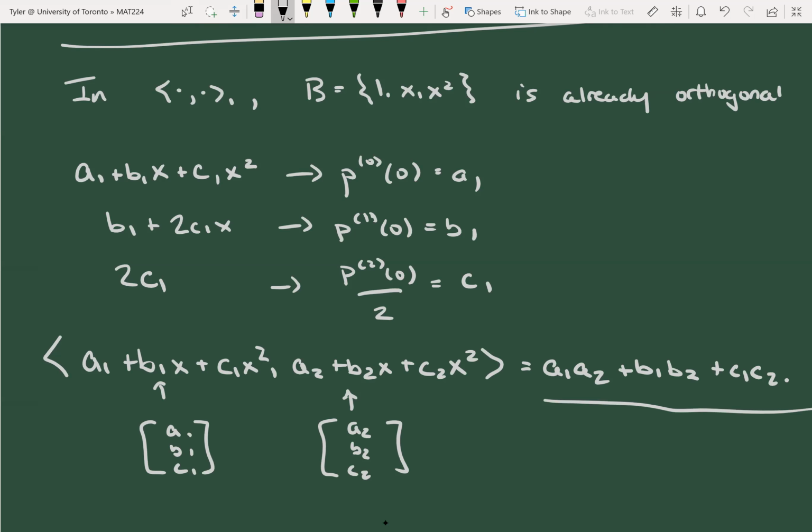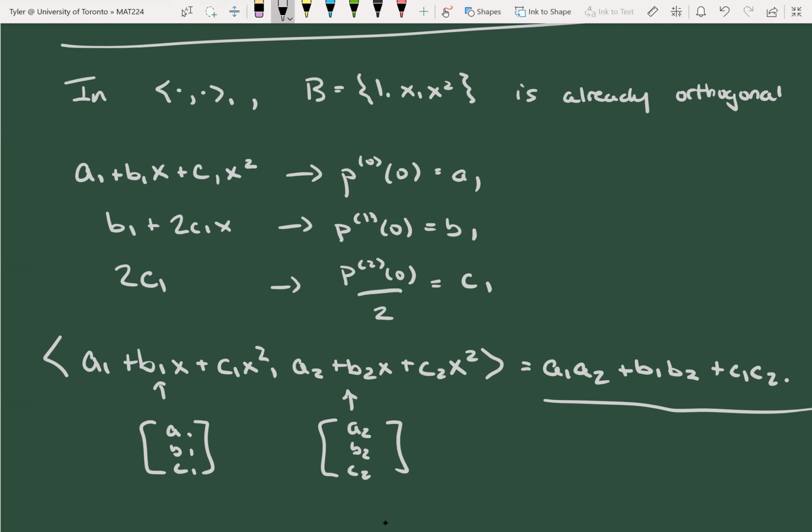So even though this one looks a little weird, this inner product is the Euclidean inner product on the degree 2 polynomials. And 1, x, x squared is the standard basis there, which is orthogonal. I just wanted to show you what that inner product looks like on the polynomials. It looks complicated, but it's really not.